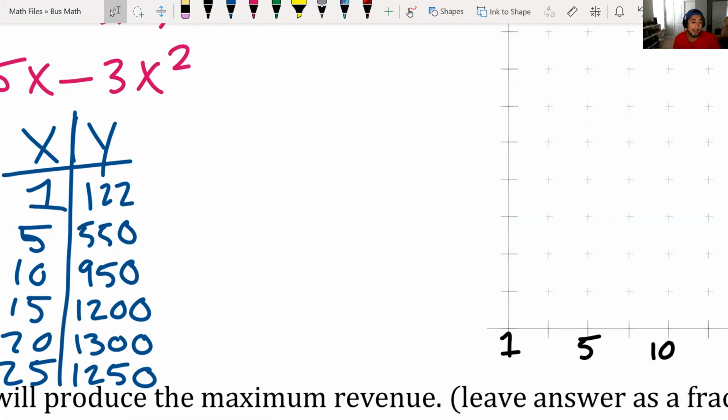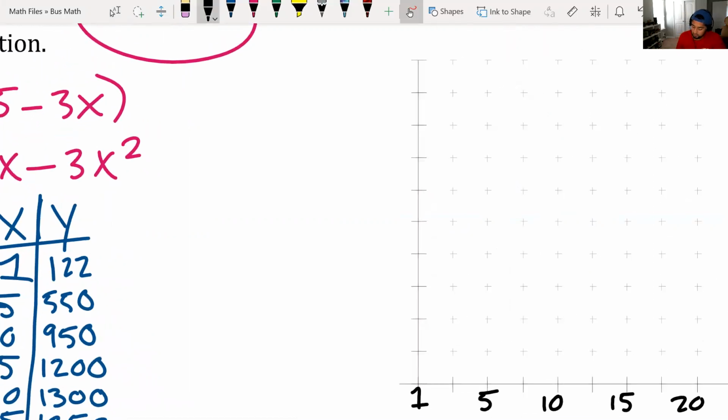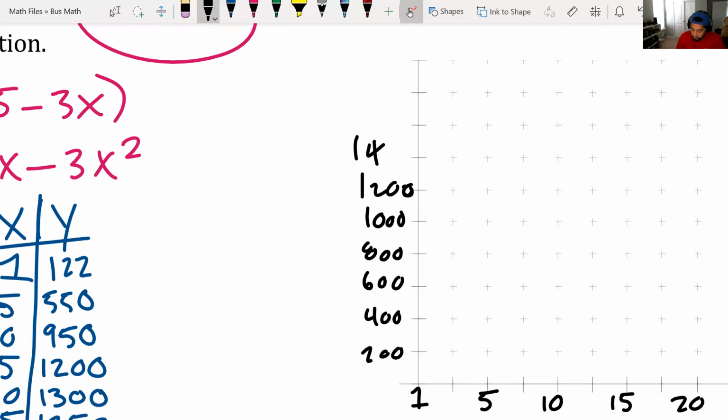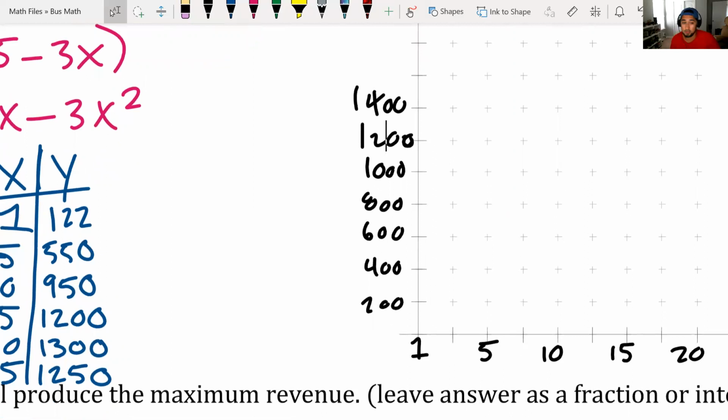We can go by, I think we go by 200s. Yeah, let's go by 200. So 200, 400, 600, 800, 1,000, 1,200, and 1,400. Yeah, the highest we go is 1,300.